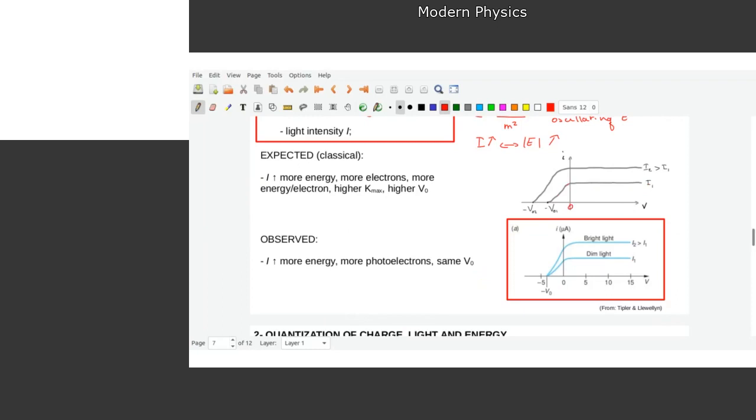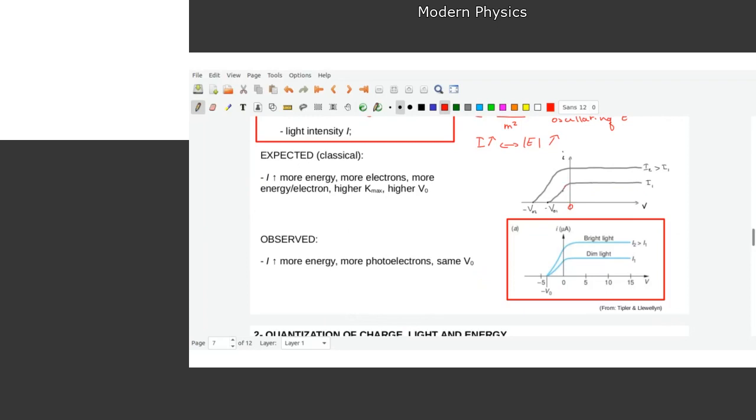You will see a decreasing of the photocurrent because some of them, the slowest photoelectrons, will be stopped before reaching the anode.